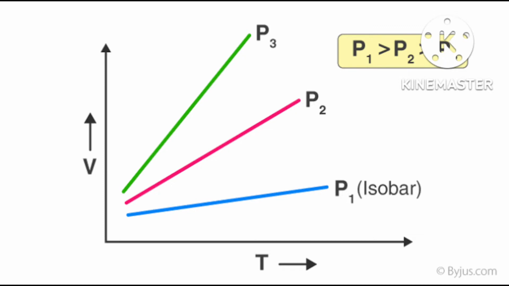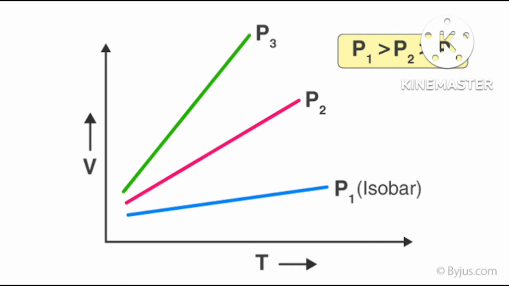So the total increase in volume is V0 divided by 273.15 into t. Now add both: the original volume V0 plus this increased volume. You can write simply Vt equals V0 plus t into V0 divided by 273.15. This is the total volume Vt.